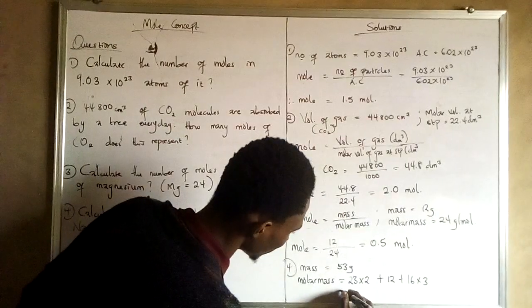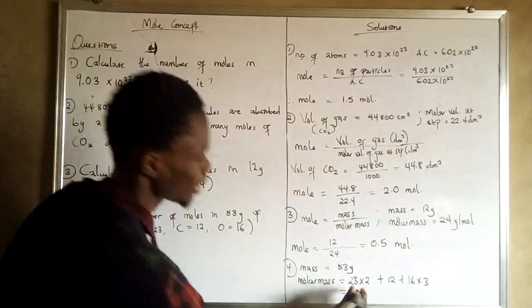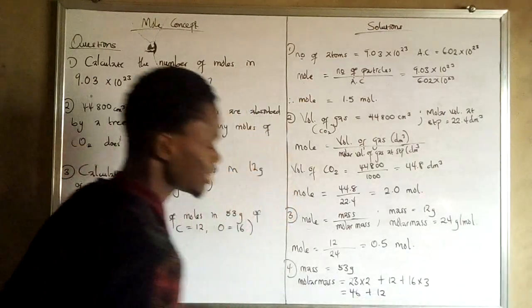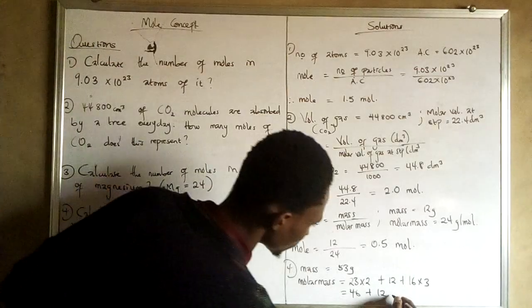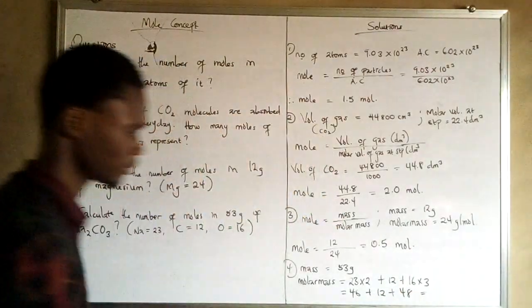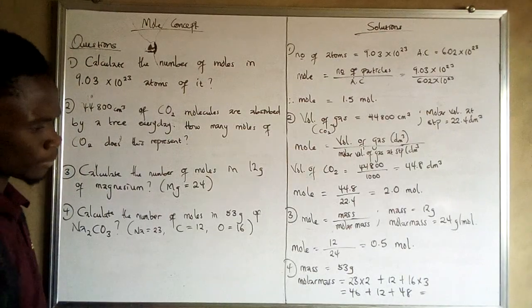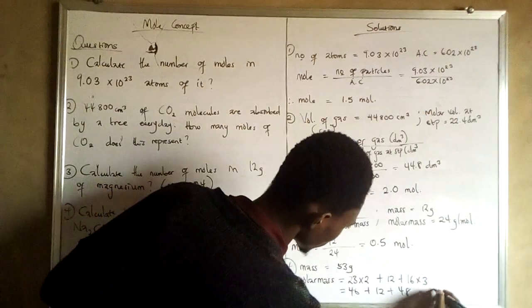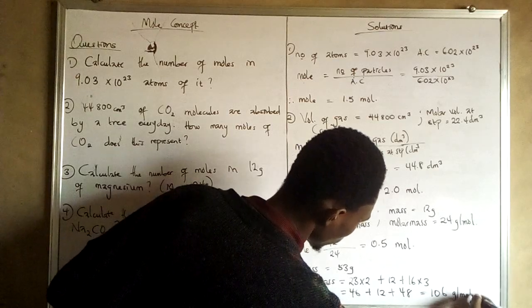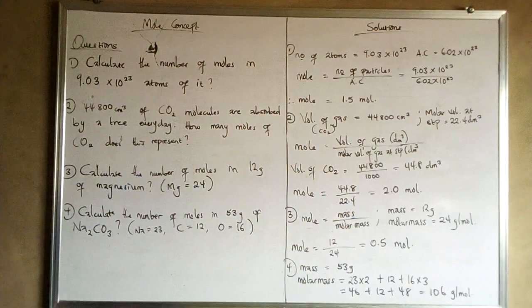Everything together, 23 times 2, that's 46, plus 12, plus 16 times 3, that's 48. Everything together is going to give us 106 grams per mole.